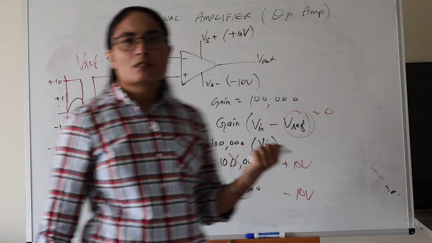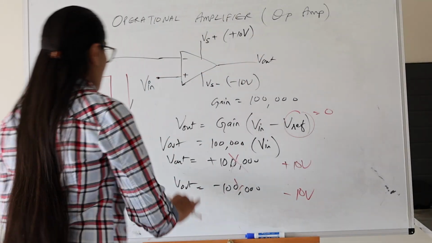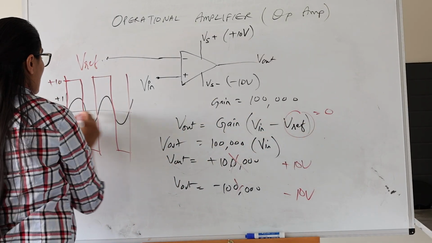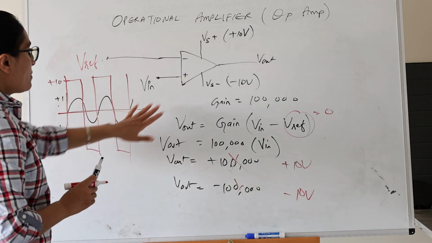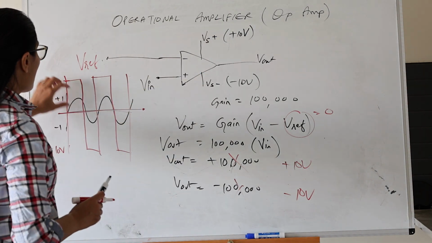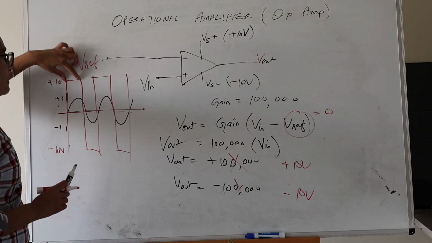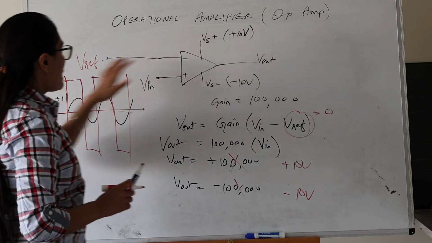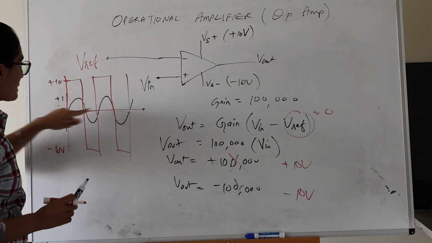Now, how can we use this as a comparator? So if we fix the V reference, like here I fixed it as 0, so let's say this is my V reference. I can know by looking at the output that when my output of the op amp is plus whatever the power supply is, I know that I'm above the threshold, which is 0 in this case.